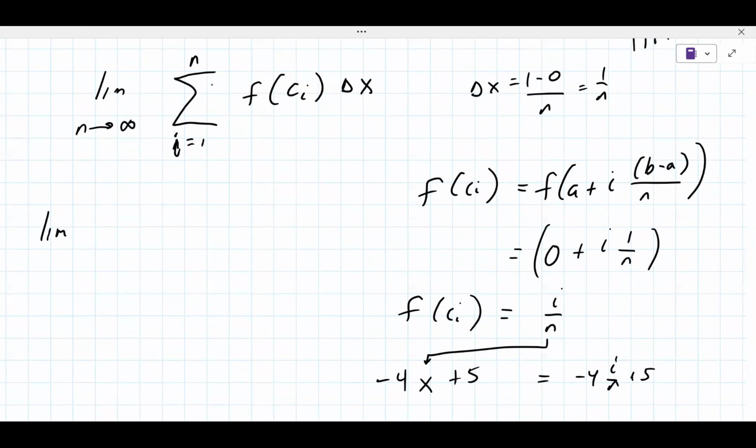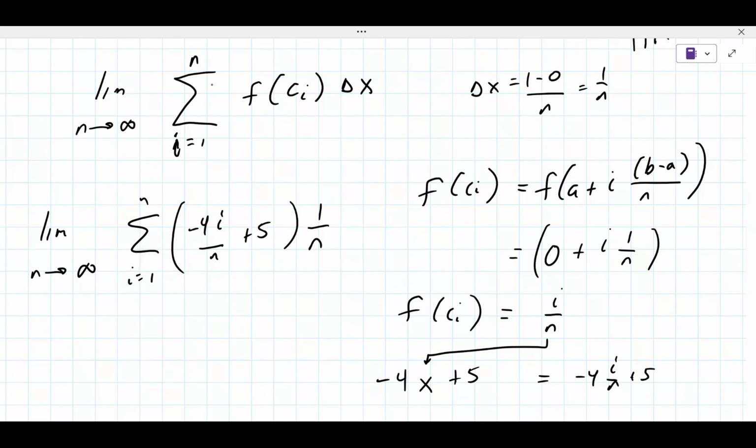So it's the limit as n goes to infinity, sigma i equals 1 to n, of (minus 4i over n plus 5) times 1 over n. And you will probably get a question like this where you have to write this out. Okay. So you should do a few more examples because that was a terrible explanation, and we'll try to do better this time.